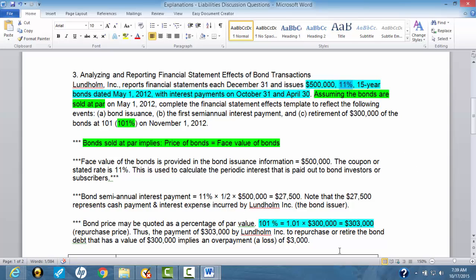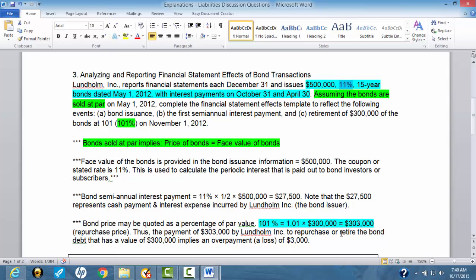Note that once London Incorporated issued the bonds, investors invested in the bonds. So London received cash from the investors in the bonds, implying that the company now owes bondholders. It will have to pay interest semi-annually.